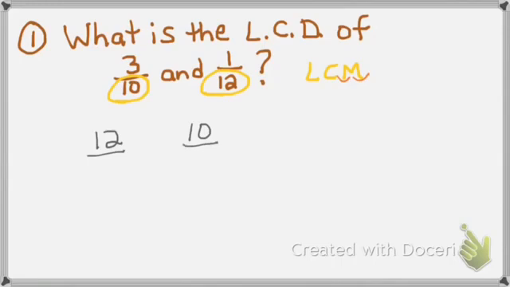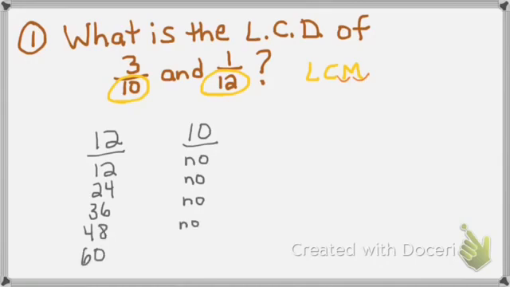LCM is multiple. I'm going to go through the multiples of my 12 times tables. 12. When I go through my 10 times tables, do I say 12? No. 24. Do I say 24? No. 36? No. 48? No. 60?